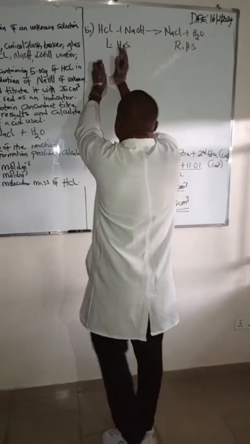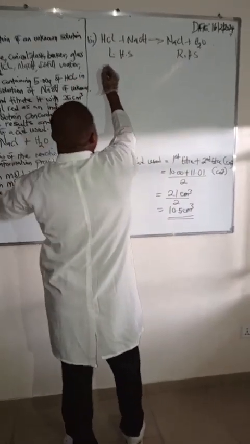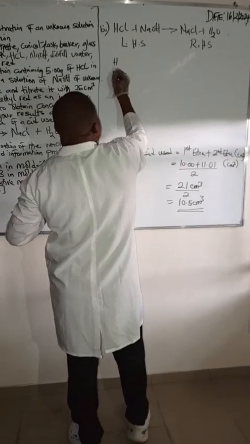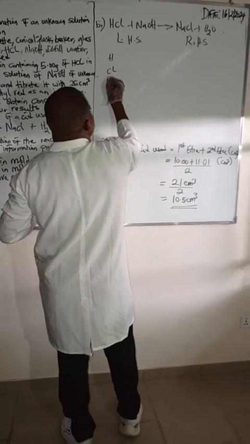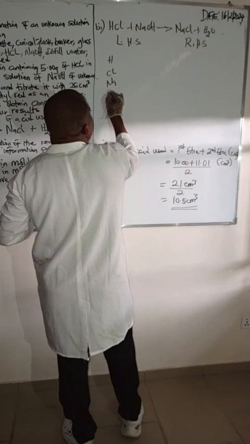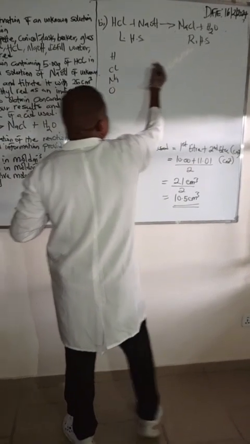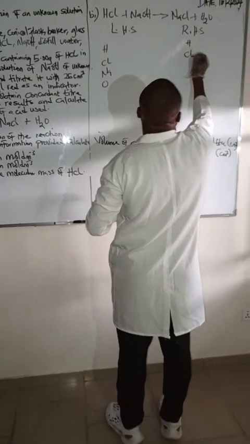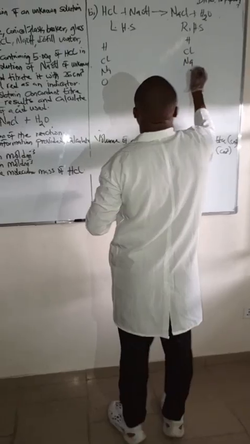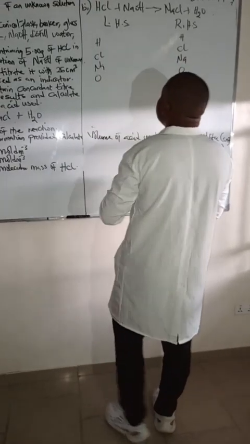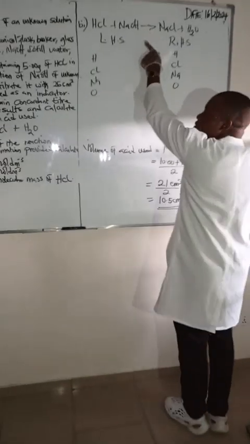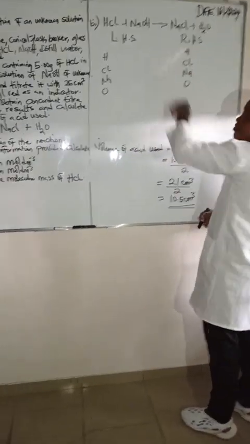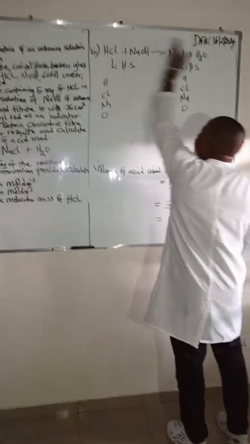Now the elements from the reactants, we have hydrogen, chlorine, sodium, and oxygen. The same thing on the right, we have hydrogen, chlorine, sodium, and oxygen. This arrow means production arrow or yielding arrow. It means whatever we have here is equal to here.